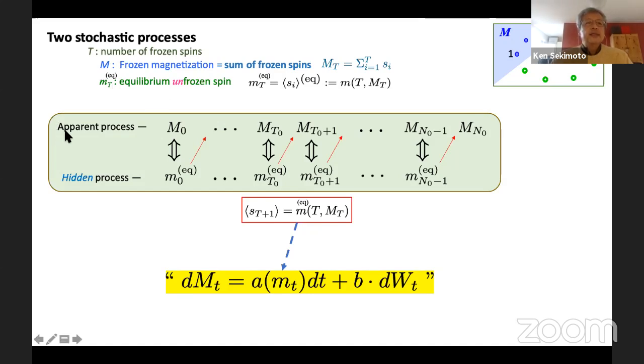If the former process, capital M, is the apparent process, the second process is a hidden process. If we make an analogy with stochastic differential equations for the apparent process, capital M, the hidden process is literally hidden in the drift term.